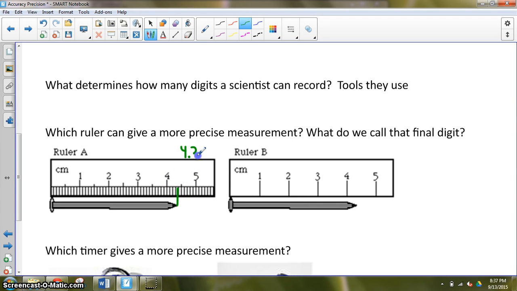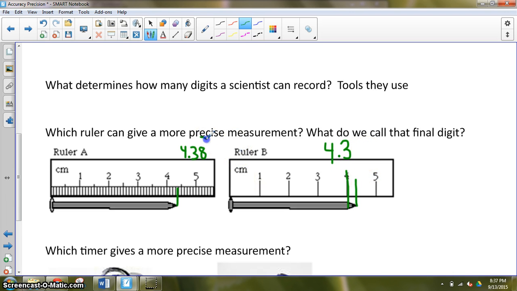We'll say 4.38 for our centimeters. I was able to know it's at least 3, but it's less than 4, and it's pretty far to the end. Now with this ruler, the only one I actually know for sure is the 4. I have to estimate the next digit. So this one we would say maybe 4.3 or 4.4.